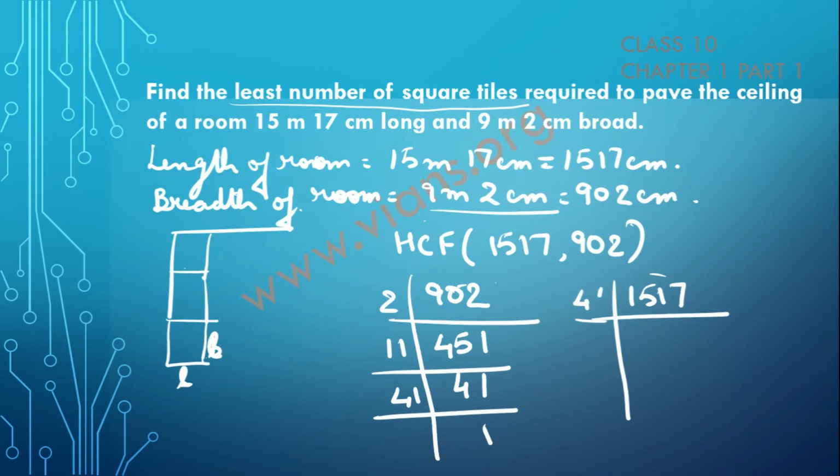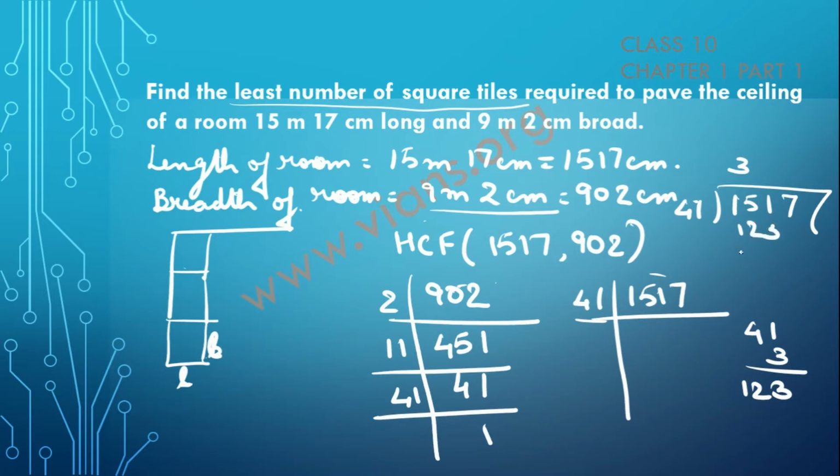Mostly it will be divisible by 41, so let's try doing long division of 1517 by 41. 41 into 3 is 123, and then remainder, bring down 7, 287, 41 sevens are 287, so that gives us 0.